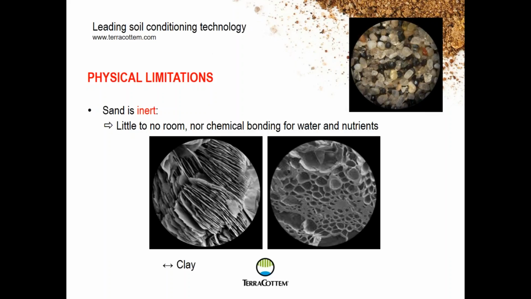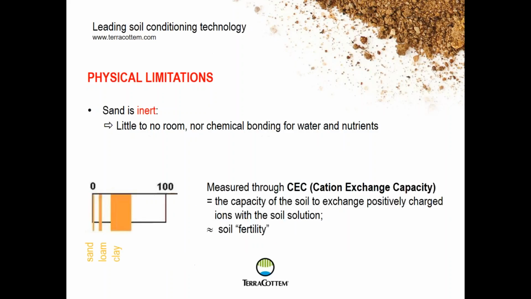So that's why you can store a lot of water inside this soil. It has a really big surface area. And also the surface area is negatively charged. It has an electrical charge. That's why clay can also absorb nutrients. Sand cannot do that.